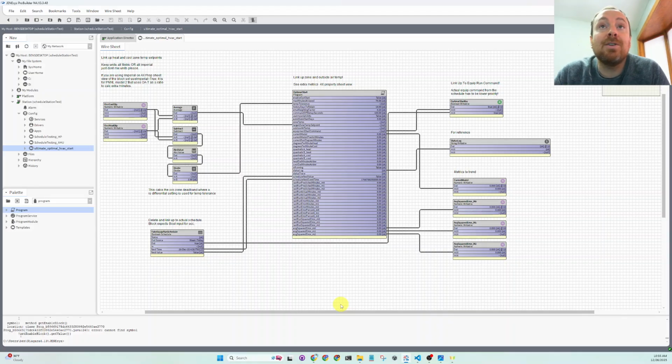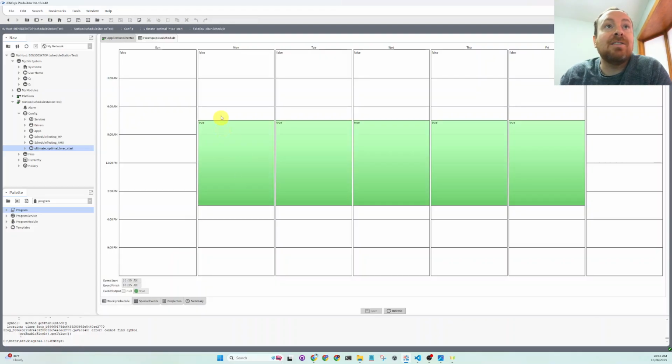There's a ton of Java code here that makes this all happen, using some computer science patterns. The algorithm is constantly checking this, and when the condition is true that our modeled time delta is less than the actual time delta until the building becomes occupied, that's when the pattern triggers the equipment run command to start early.